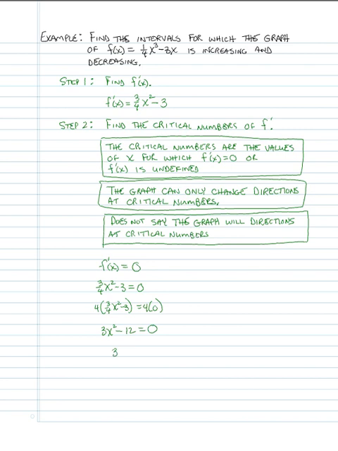Remember, what we usually try to do is separate the x squared from the constants. That is, we add 12 to both sides, and then divide on both sides by 3. So we get it down to x squared is equal to 4. Well, if x squared is 4, then x is plus or minus the square root of 4, which means specifically x is either plus or minus 2.